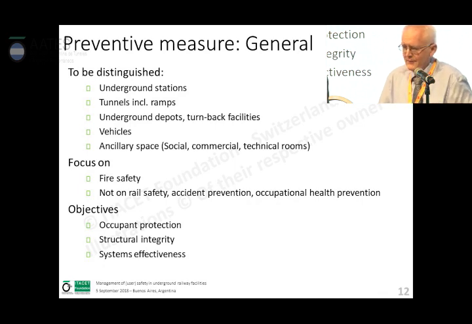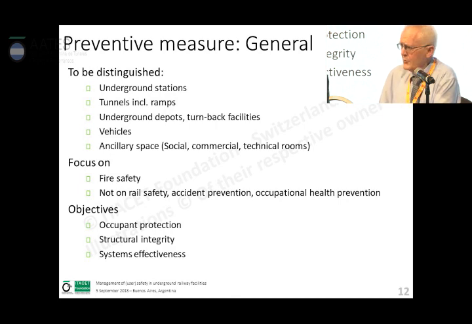We are now here in fire safety, so we are not focusing on general rail safety, for example, given by the signaling system or by the trackway design or by other elements of safety. Then a third thing is the objectives. So what is the key thing? The key requirement is certainly to protect the occupants, to protect the passengers and staff. Then second priority is to assure the structural integrity, that the building does not collapse upon a fire.